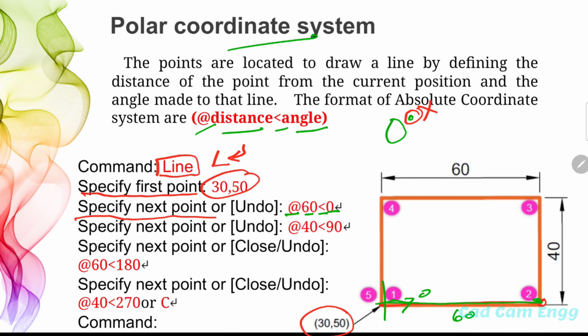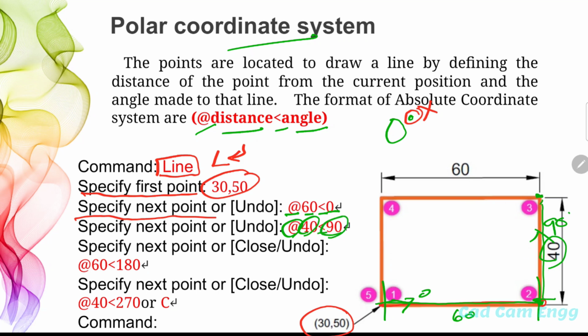Next, the second point is finished, so the third point. For the third point the distance is 40 and the angle is 90 degree, because the previous point acts as the origin point. This is also the same as the relative coordinate system. So we start with the @ symbol, the distance is 40, less than symbol, the angle is 90 degree.